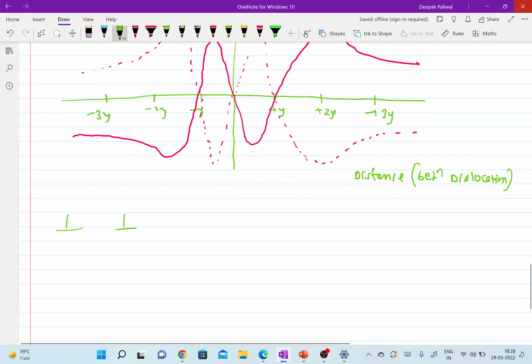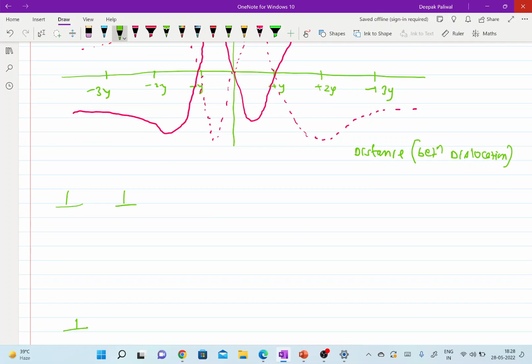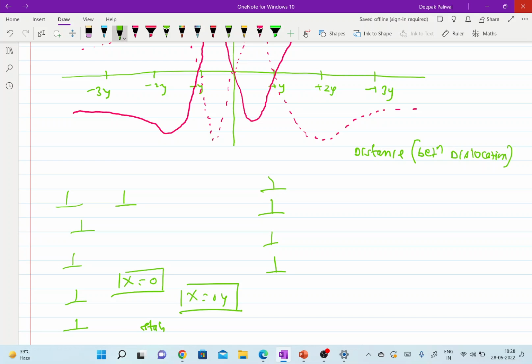The dislocations with the same sign arrange with each other in that fashion. So this is the most stable condition, because at x equal to 0, that means the dislocations are arranged like this. So this is the stable condition.